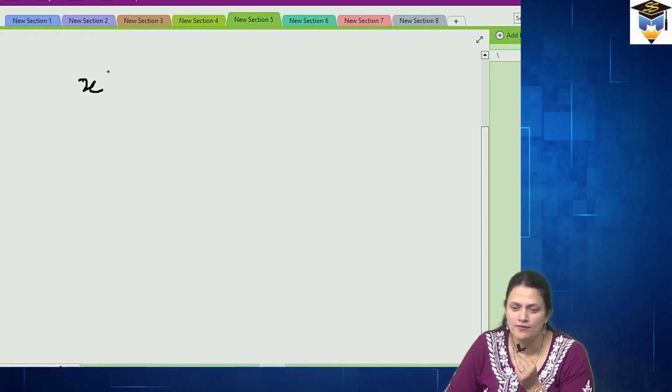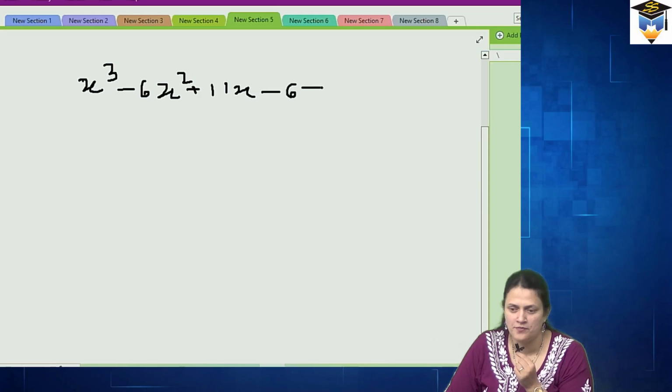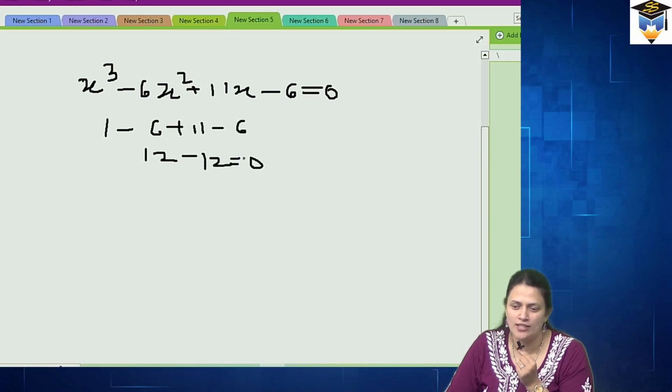X cube. So let us try by putting the value of x as 1. So 1 minus 6 plus 11 minus 6. If you see, it is 12 and minus 12. So LHS is equal to RHS.